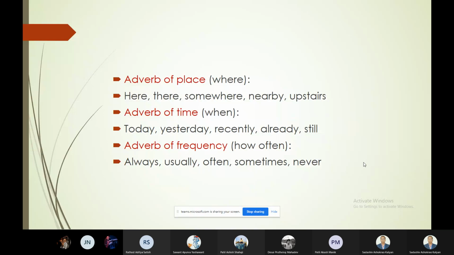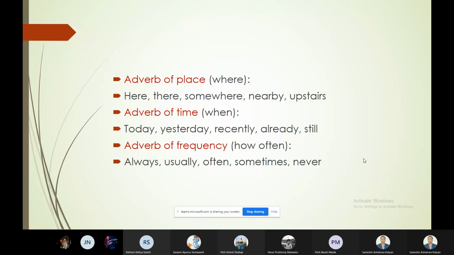Like the adverb of degree, we also have various other types of adverbs, like the adverb of place. Whenever we speak about the place, where, it is trying to suggest the place. I'm standing nearby your house. Whenever we use the word nearby, it is suggesting one kind of place. There are plenty of flowers in the garden.